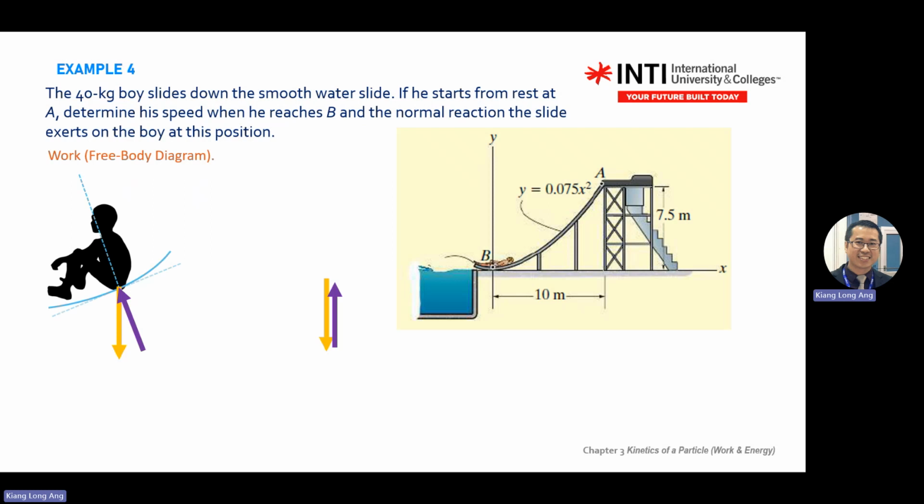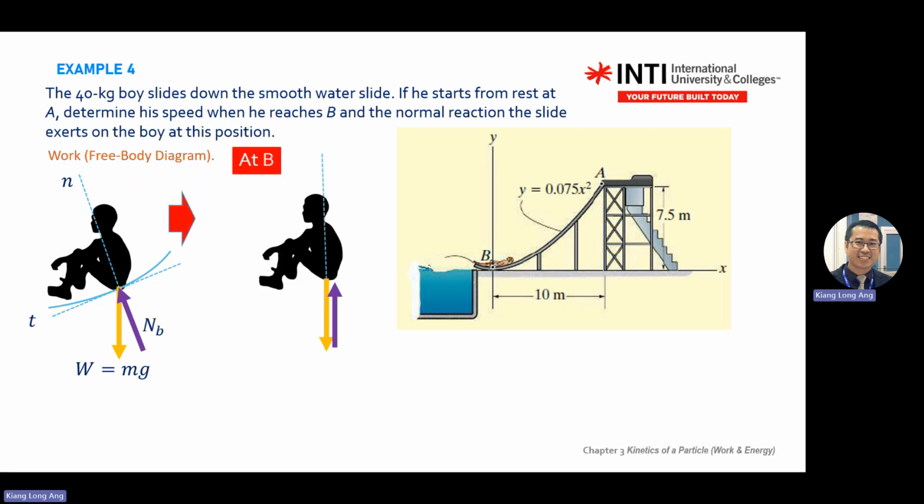So draw the free body diagram, normal and tangent, and then what are the forces that act on the body? It's the gravitational force, right? So at B, this is somewhere along the slide. This is at B. When at B, the weight goes with the NB.